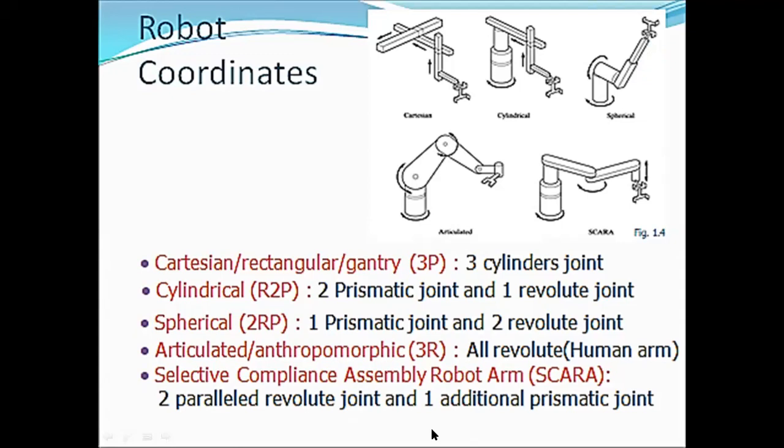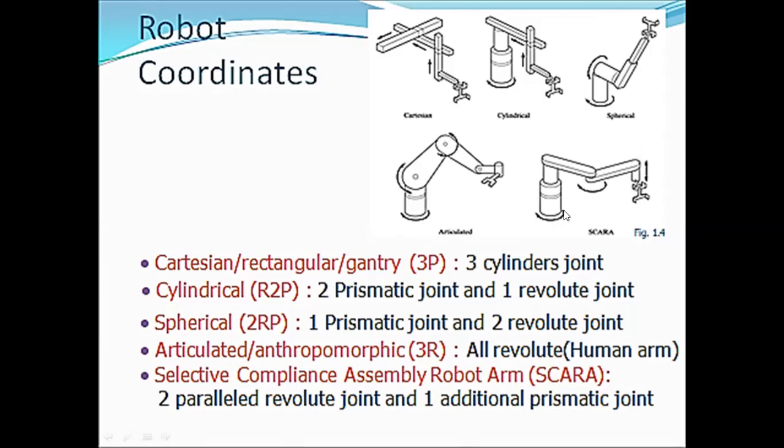Next is the articulated or anthropomorphic joint. This is a 3R robot. It means all joints are revolute, just like a human arm. Next is the selective compliance assembly robot arm, SCARA. SCARA is widely used in industry for motions where pick and place is very fast. Therefore, it has two parallel revolute joints and one additional prismatic joint.